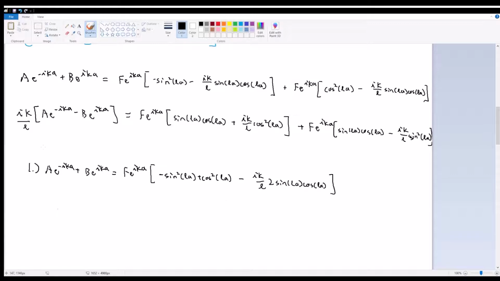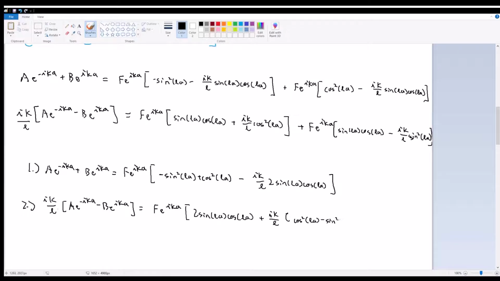And for number 2, we have ik/l times (A e^(-ika) minus B e^(ika)) equal to F e^(ika) times 2 sin(la)cos(la), and then plus ik/l multiplied by cos²(la) minus sin²(la).